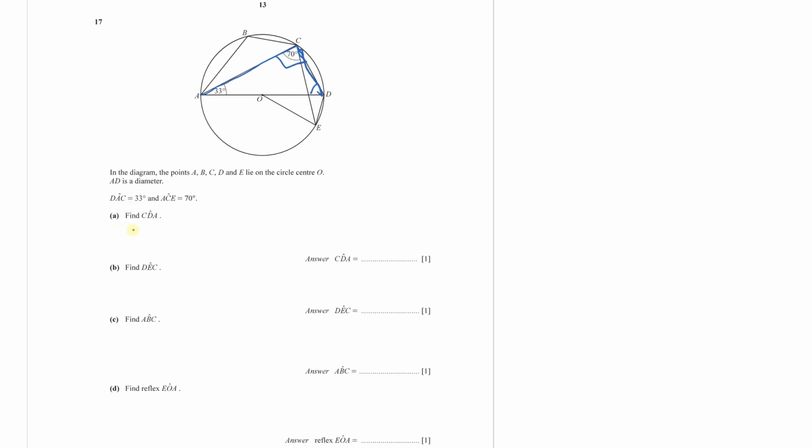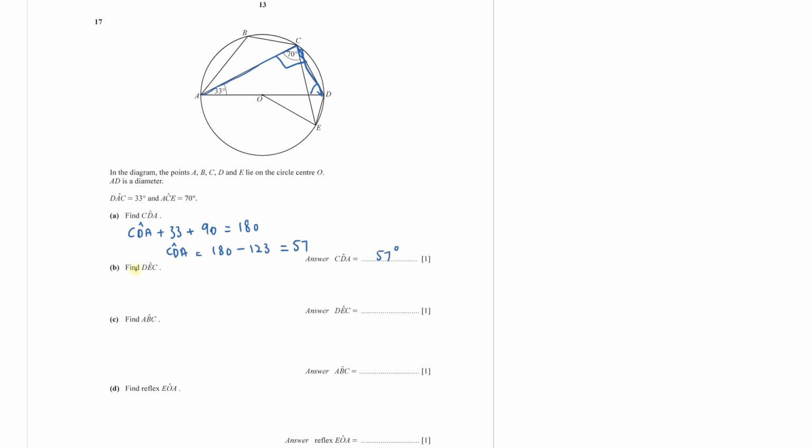So we can add up all the three angles of the triangle, CDA plus 33 plus 90. This should give you 180 degrees. So CDA would be equal to 180 minus 123, which gives you 57. So your CDA is 57 degrees.